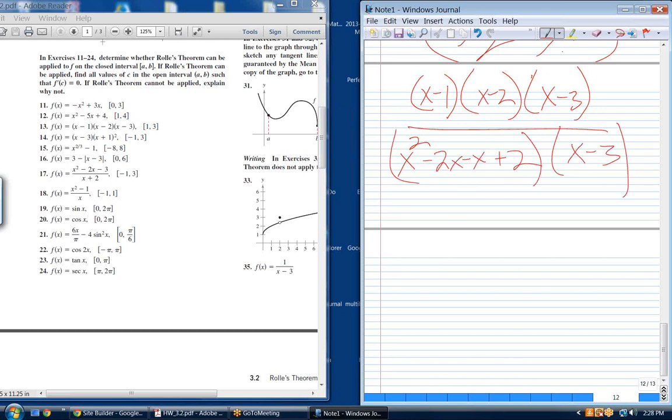So we just have x squared. Okay. And then we would have x cubed, negative 3x squared, minus another negative 3x squared. Hold on.